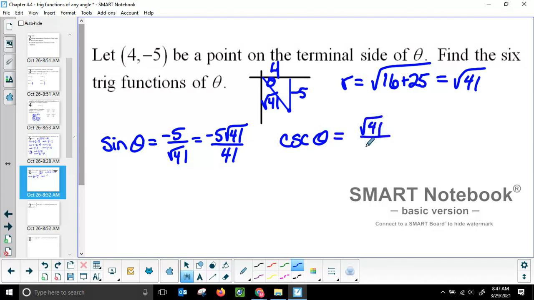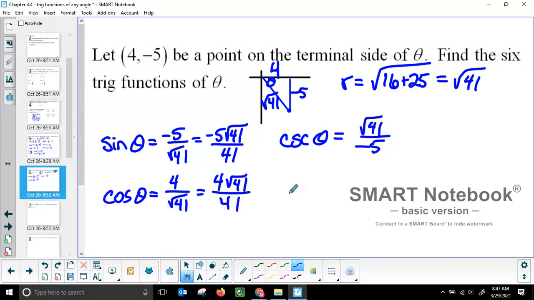So root 41 over -5. Cosine of theta is equal to adjacent over hypotenuse. So 4 over root 41, which is 4 root 41 over 41, which means secant is its reciprocal. Just flip this again, root 41 over 4.